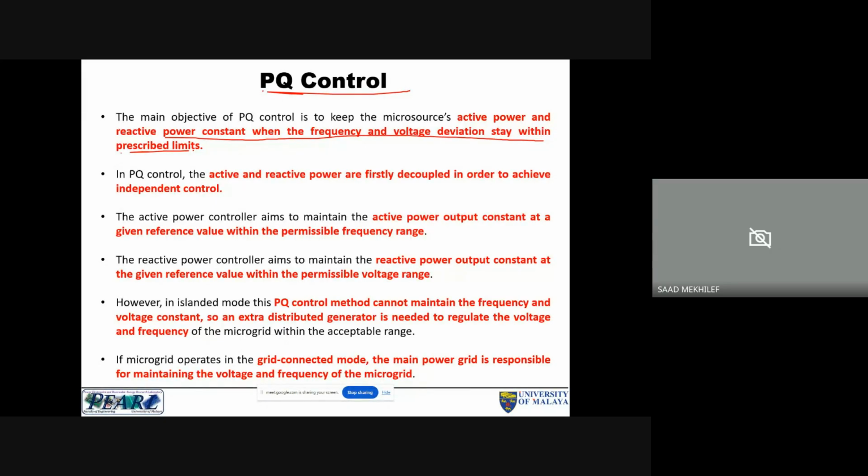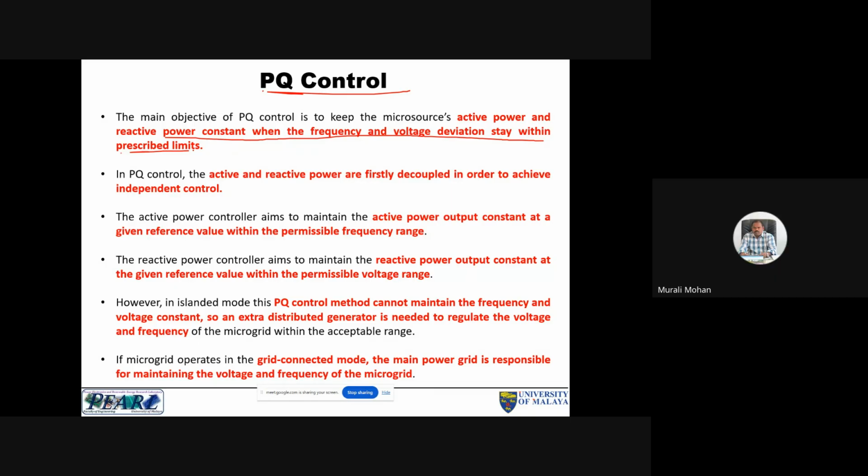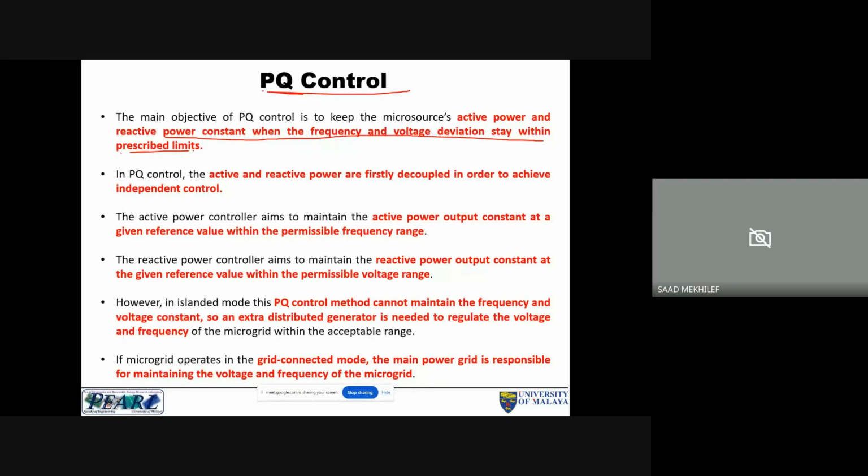In the PQ control, the active and reactive power are firstly decoupled in order to achieve independent control. So we control P and Q independently. The active power controller aims to maintain the active power output constant at a given reference within the range of frequency, and the controller for the reactive power is to maintain the reactive power within a permissible range of voltage.